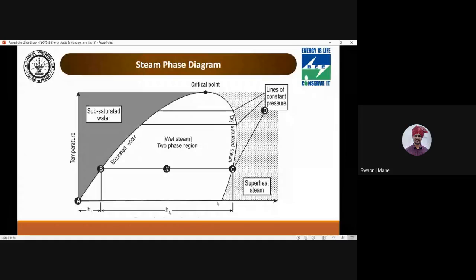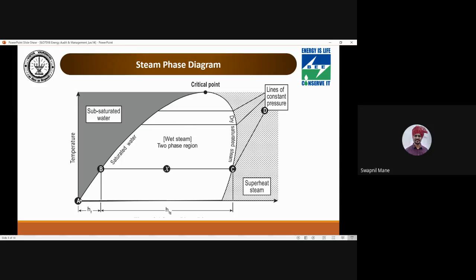And this is a popular diagram that we see, which is also called the steam phase diagram. So here you see the water. Let us say that this is the point at which the water is heated from 0 degrees Celsius to the saturation point.